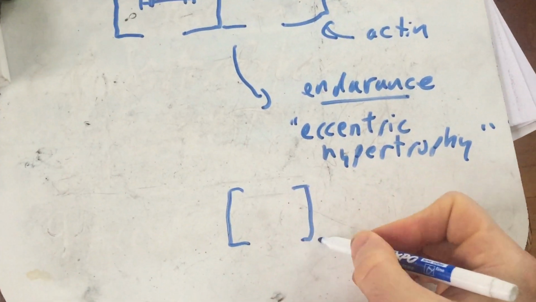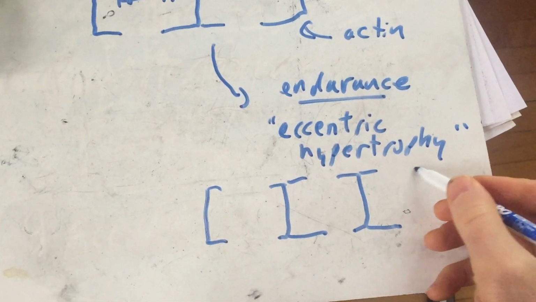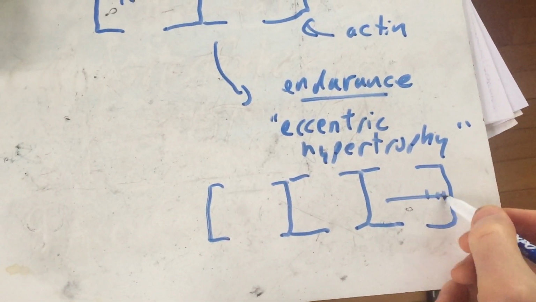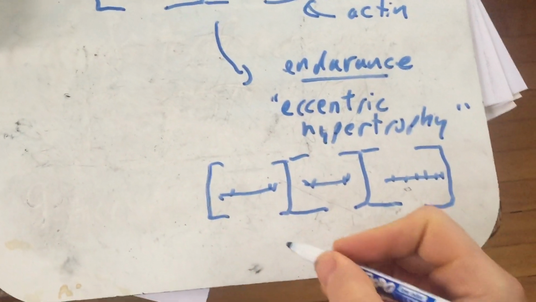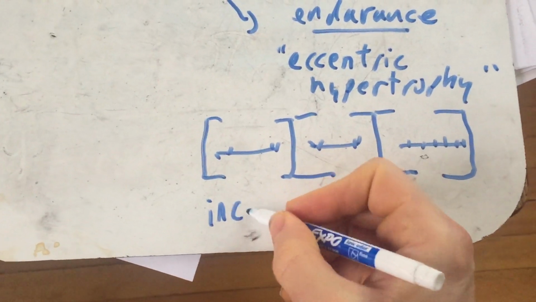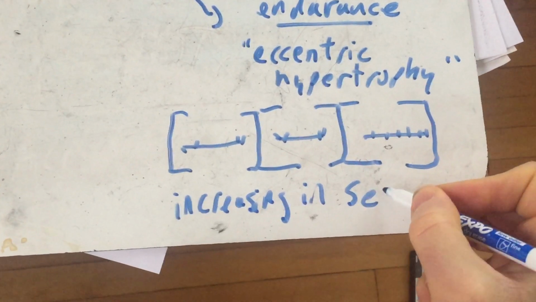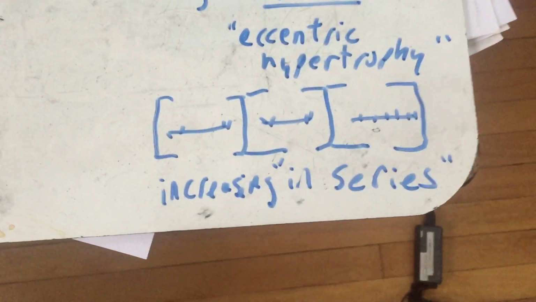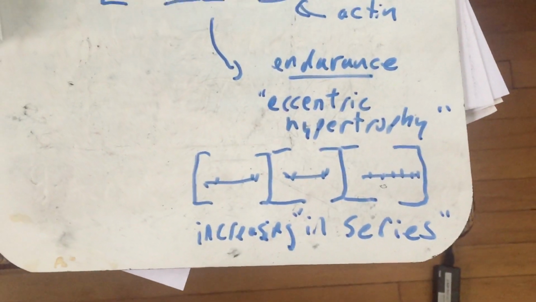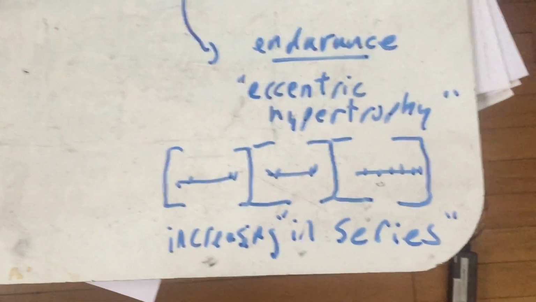So you're going to get something like this instead. You're getting an increase in the number of sarcomeres, but they're increasing in series. So that's the term, in series. Eccentric hypertrophy is caused by volume overload, and the sarcomeres are said to increase in series.